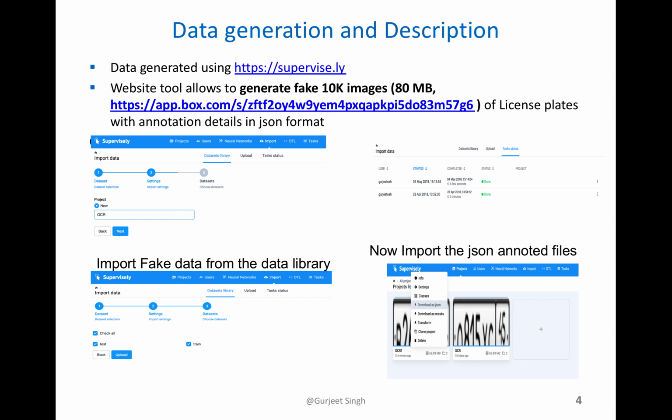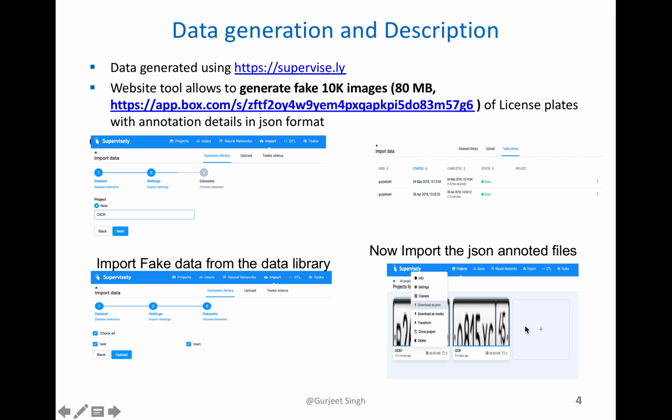Here I'm going to discuss the data generation and the description of my data. There's a website, Supervisely, which I used to generate 10,000 fake images of license plates. What I did is create a project in the website, and I loaded one of the datasets from their dataset library, and then I generated around 10,000 images, and these are the license plate images.